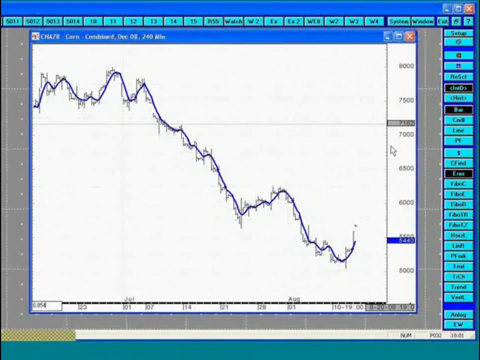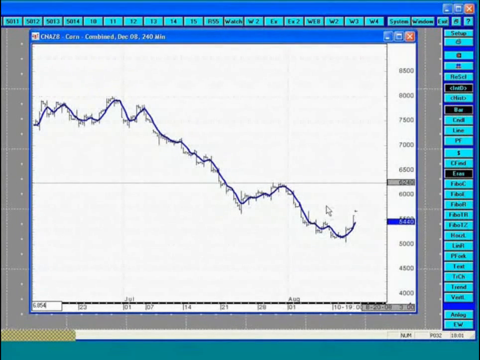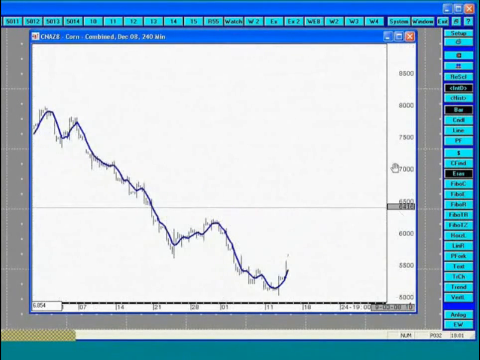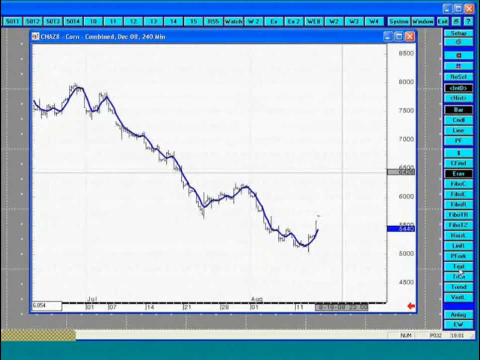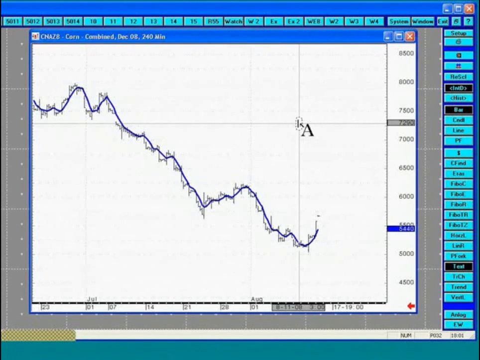Okay, I have a quick question, and I don't want to get off subject too much, but it's a question regarding Fibonacci projections for wave 3.